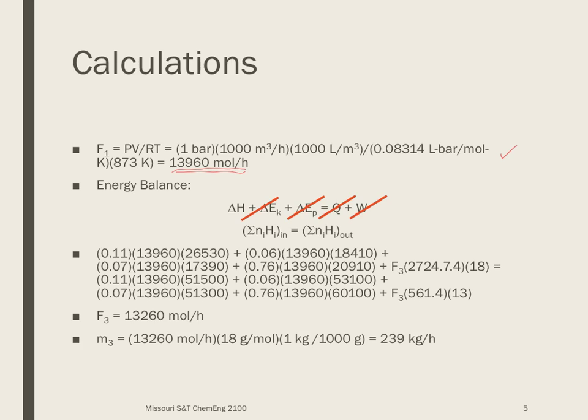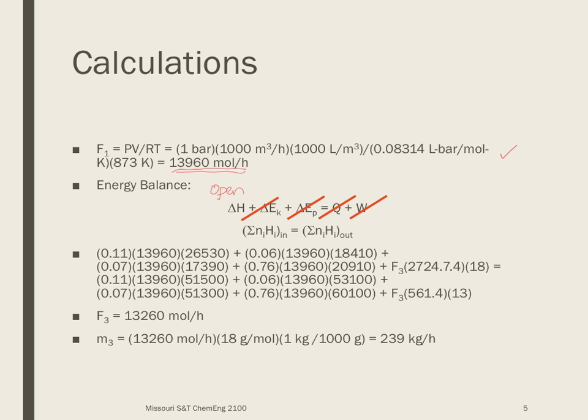I need to do an energy balance. Now the energy balance says that since this is an open system, delta H plus delta E kinetic plus delta E potential equals Q plus W. In order to have kinetic energy, one would assume that there was some movement, so things physically moving with a velocity.